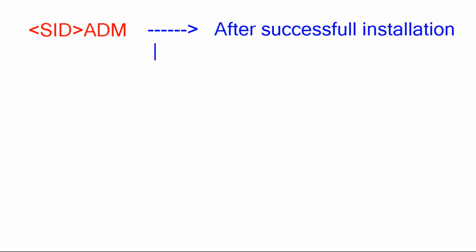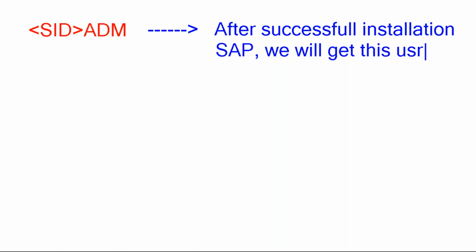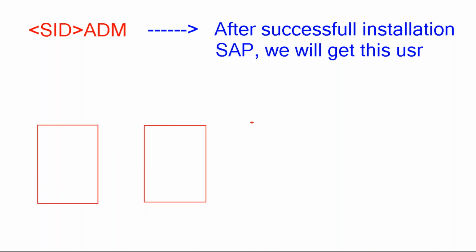After successful installation of SAP, we will get this user, SID ADM. SID is the system ID, already we discussed. If you want to install SAP, which system are you going to install: development system, quality system, or for example pre-production system and production system.